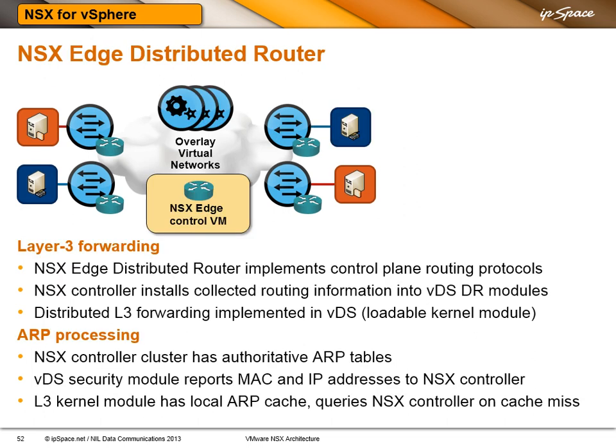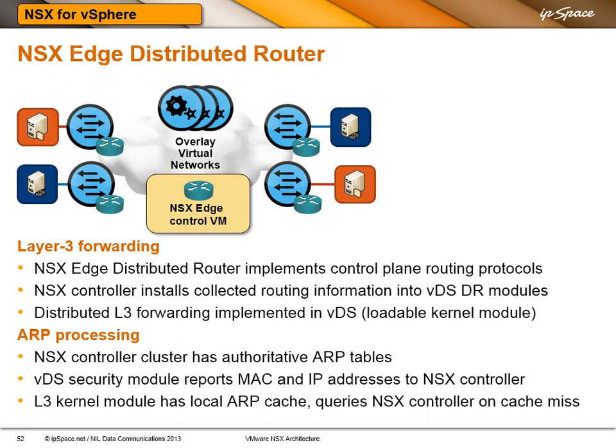In the vSphere version, the Layer 3 forwarding is implemented in the kernel module, as I said, but we need a control VM. The control VM is yet again vShield Edge with the distributed router functionality. So it's purely a control VM. It does not touch the forwarded packets.